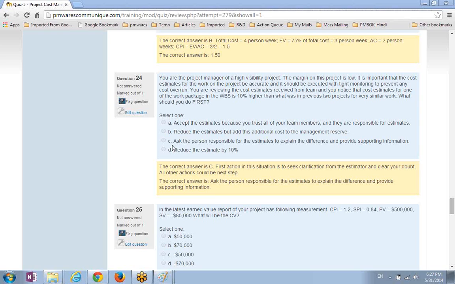See, there are two things we should always remember: the trust and the process can go together without interfering in each other's matter. So trust does not mean you avoid the process. The process has to be followed, the process whatever you have defined. But because you trust, you skip some of the process. That's not a good idea.